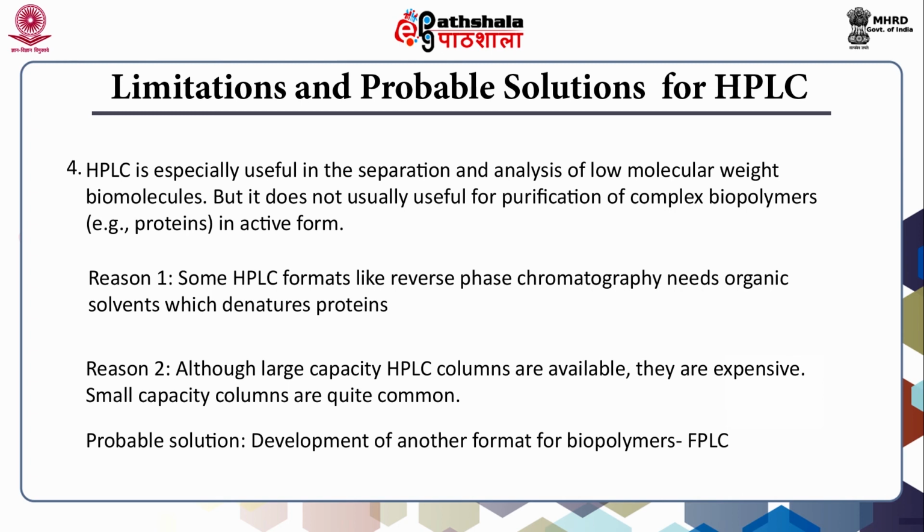So, what is the probable solution for this kind of limitation for the purification of biopolymers? Another alternative for the purification of biopolymers is FPLC, that is fast protein liquid chromatography. Now we are going to discuss these HPLC supplements in the coming slides.